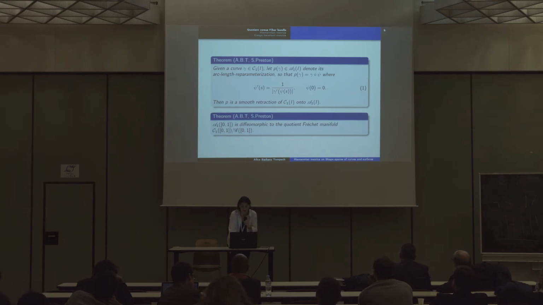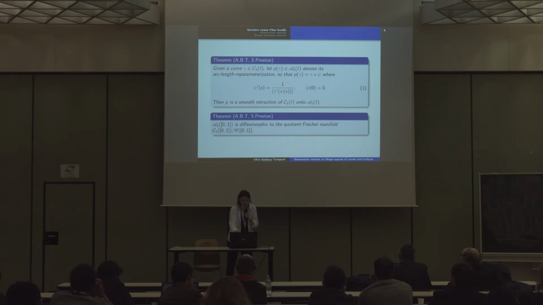And then the theorem we proved with my collaborator Steve Preston is that you have really a diffeomorphism of Fréchet manifolds between arc length curves and this quotient space. This goes really nicely. There's no pathology here.